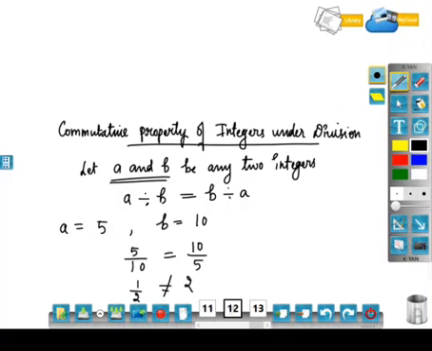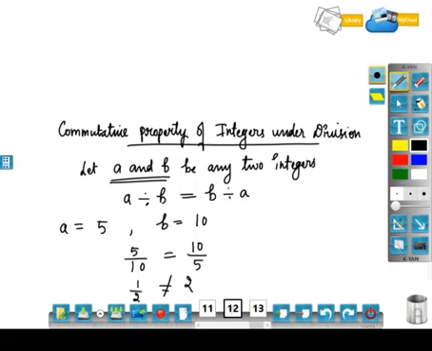For addition, we write a plus b is equal to b plus a. For subtraction, we write a minus b is equal to b minus a. Same way we check it for division. So when you check it for division, a divided by b should be equal to b divided by a.